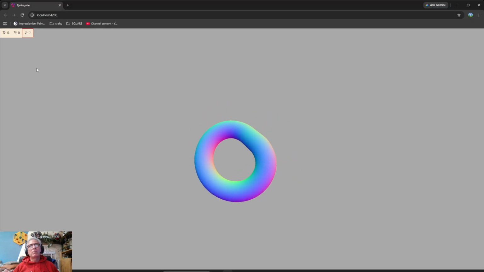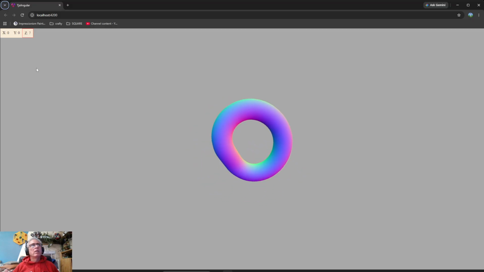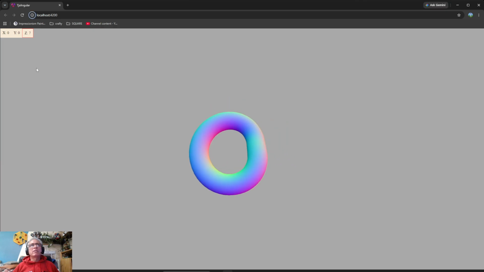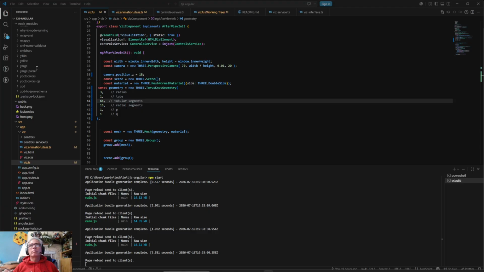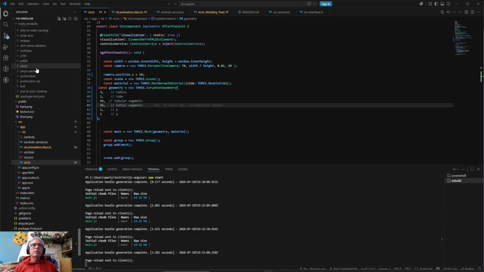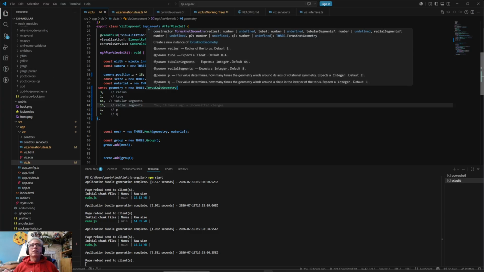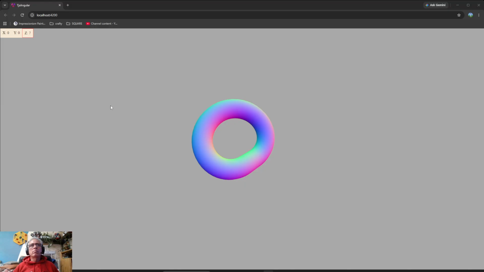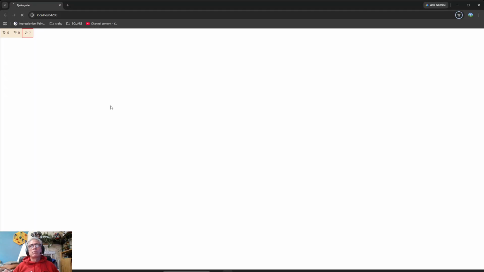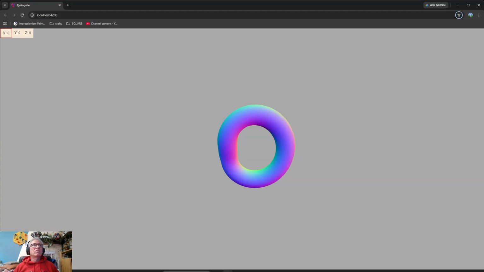I guess it already rebuilt, but I really don't see much of a difference. All right, and then what was the default for radial segments? 8. Let's go back to 8. I'm guessing we won't see anything different. Yeah, I don't really perceive any difference.